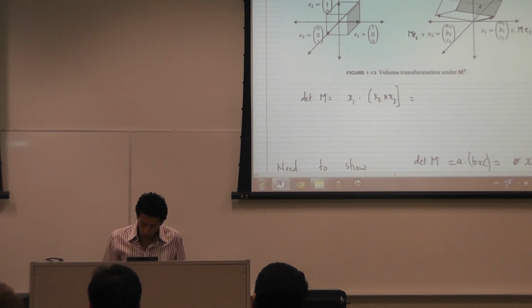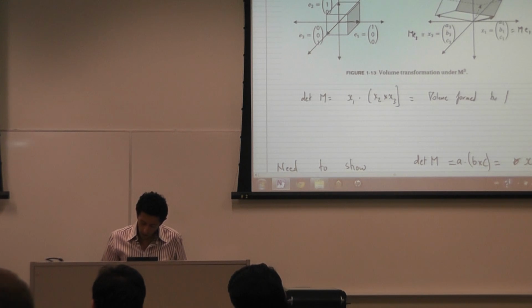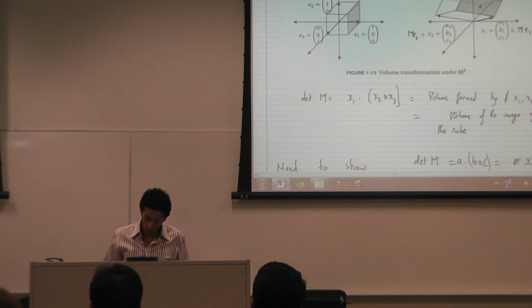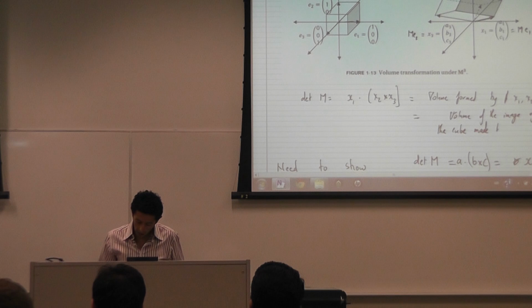which is equal to the volume formed by x1, x2, and x3, which is basically the image, or the volume, of the image of the cube made by E1, E2, and E3.